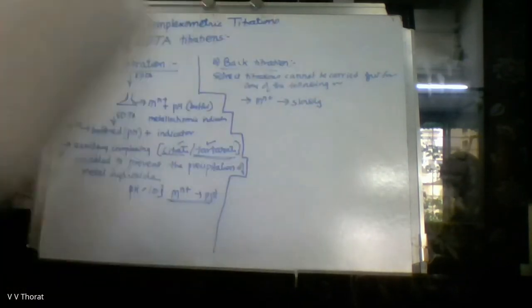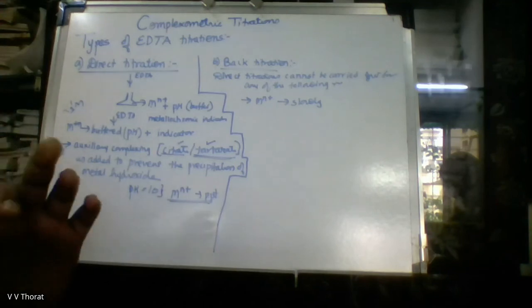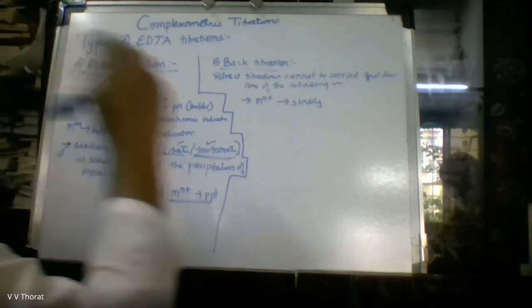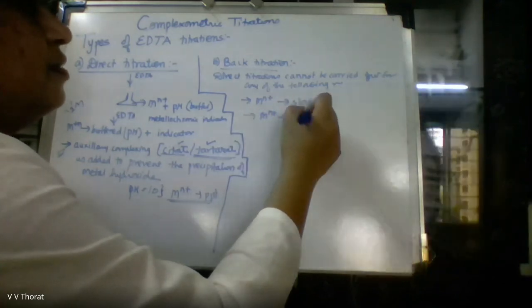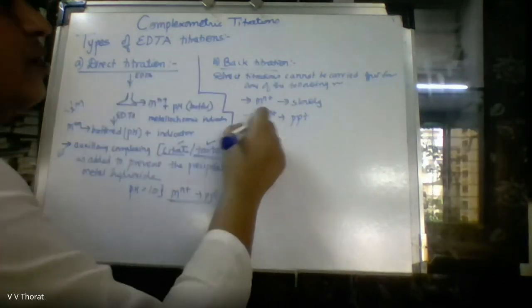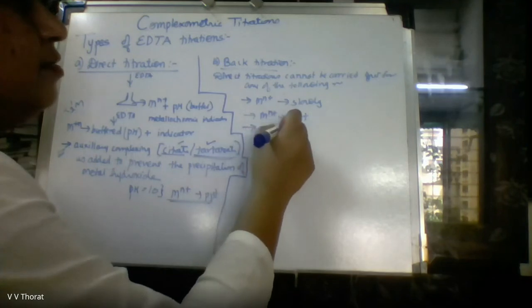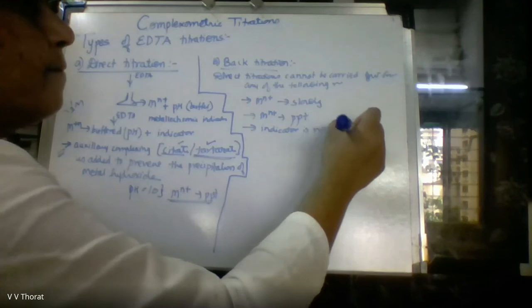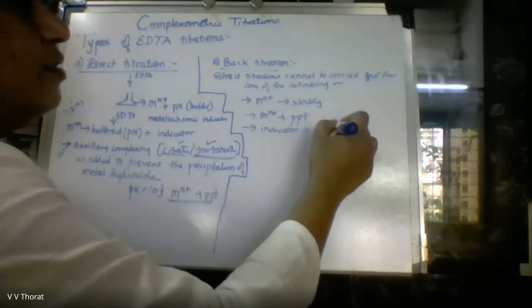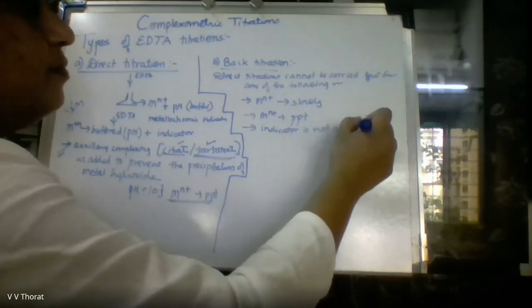Metal ions may be very slow in reacting with EDTA. Or metal ions may get precipitated at the desired pH, or a suitable indicator is not available.